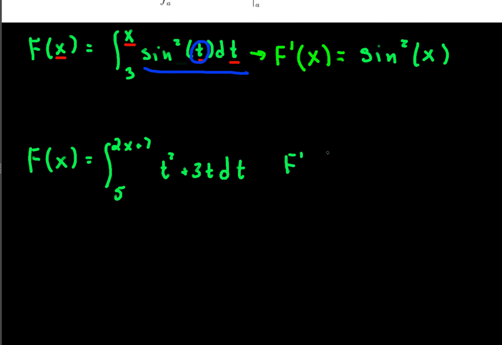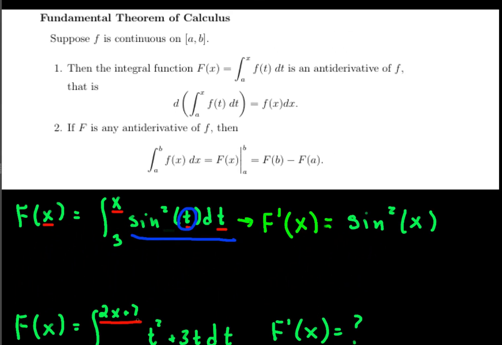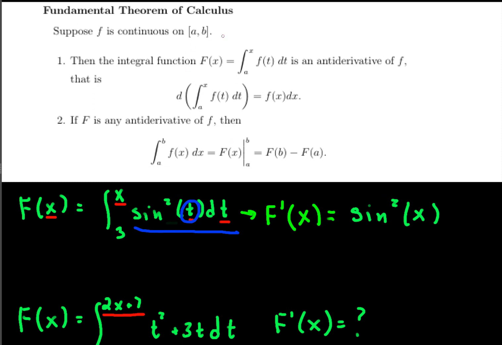What is the derivative of f with respect to x? I cannot immediately use the fundamental theorem of calculus because my upper bound here is 2x plus 7. It's a function. But this fundamental theorem says if the upper bound is exactly the same as the variable, then the derivative is the integrand. Check that out.